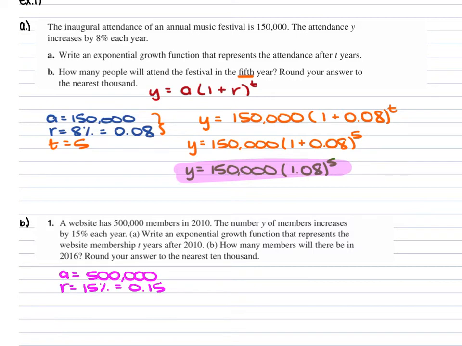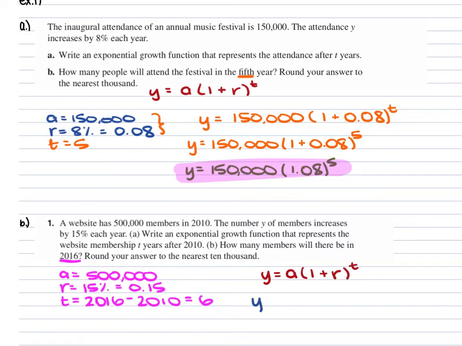It wants to know in the year 2016, so our t is going to equal 2016 minus 2010, because that's where we started. So that's going to be 6. So we plug all this into our formula. Remember, our formula is y is equal to a times 1 plus r to the power of t.